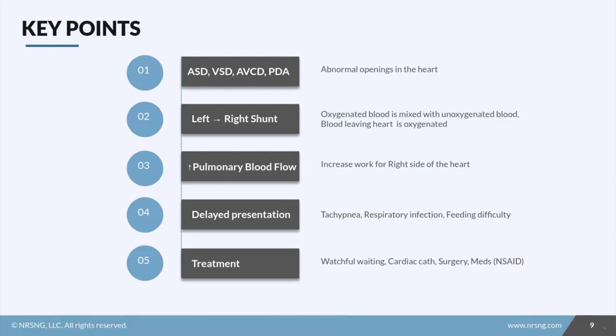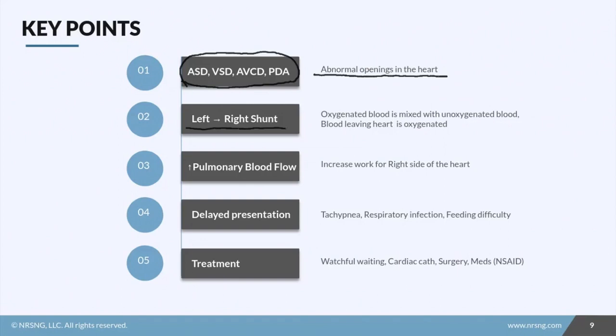Okay, let's recap the key points for this lesson. We talked through ASD, VSD, atrioventricular canal defect, and PDA, which is patent ductus arteriosus. And these are all abnormal openings in the heart. We talked about how this causes a left to right shunt of blood, which means that oxygenated blood is being recirculated through the lungs.